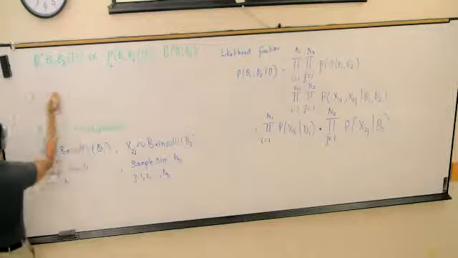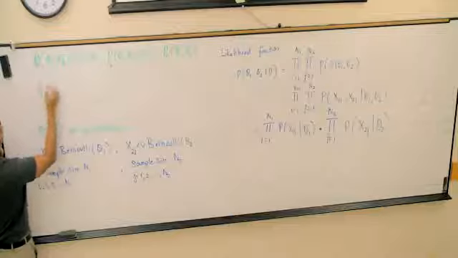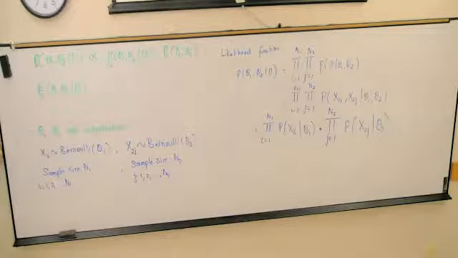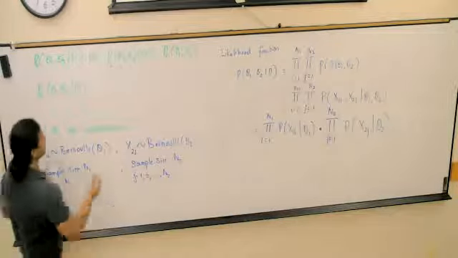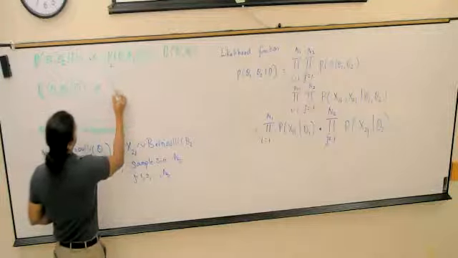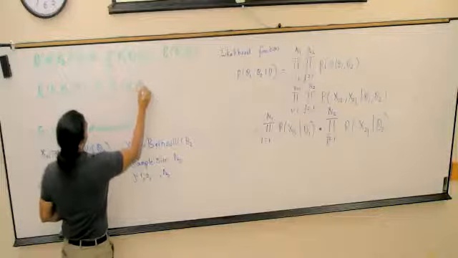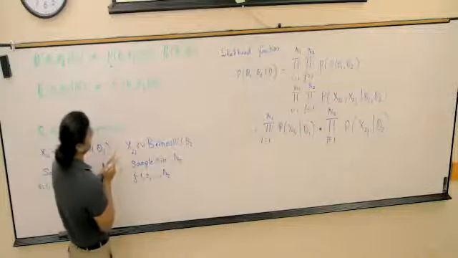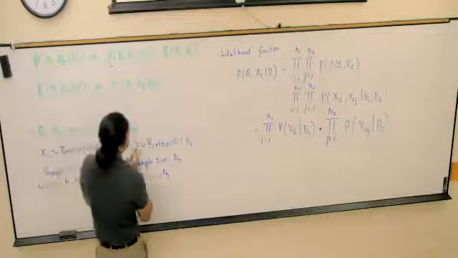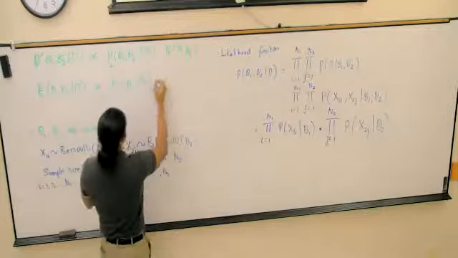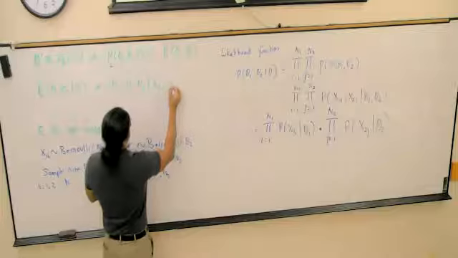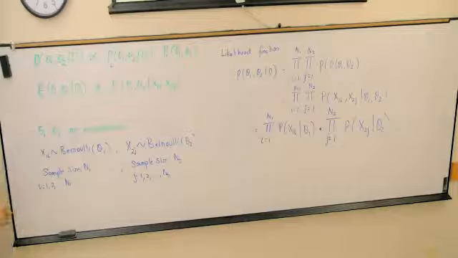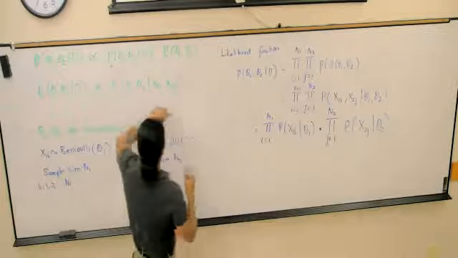So I can write this posterior of theta 1, theta 2, given alpha, as proportional to the likelihood of theta 1, theta 2, given delta, which in this case will be x1i and x2j, where i equals 1 to n1, j equals 1 to n2.